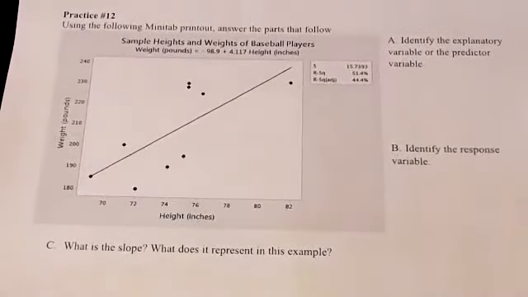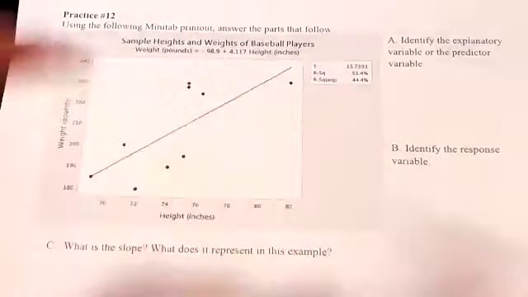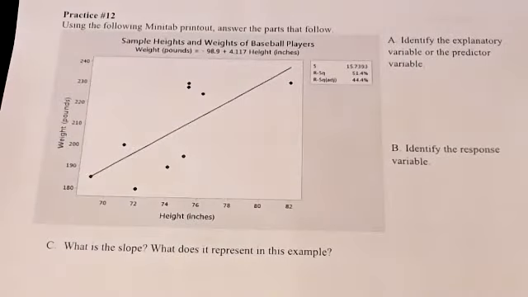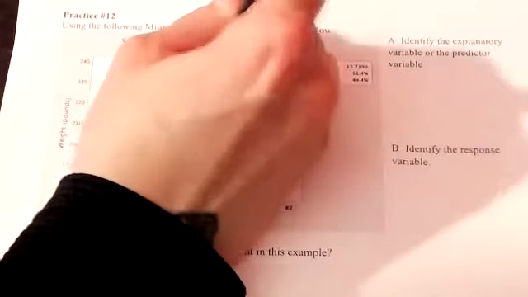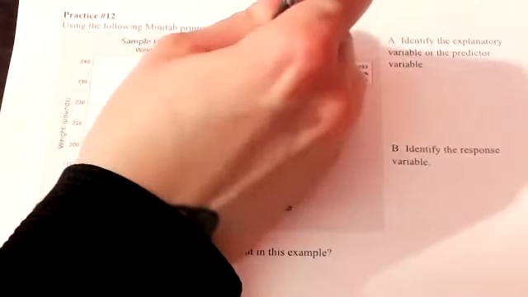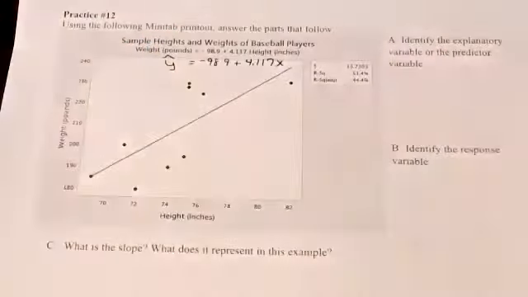Okay, let's take a look at practice number 12. We're going to do the exact same idea. Again, what I would recommend is write the equation directly underneath the equation that's presented to you in the Minitab printout. So underneath weight in pounds, I'm going to write y hat equals, and we have negative 98.9 plus 4.117, and then x, right?